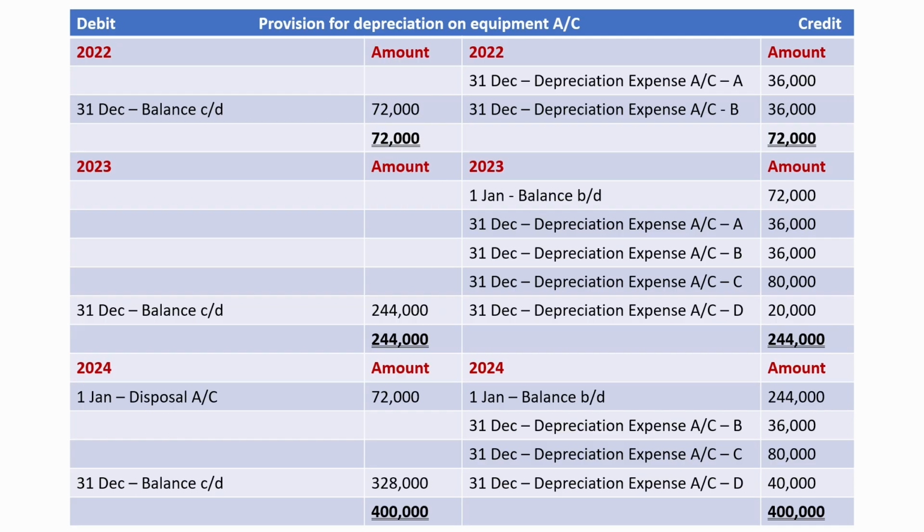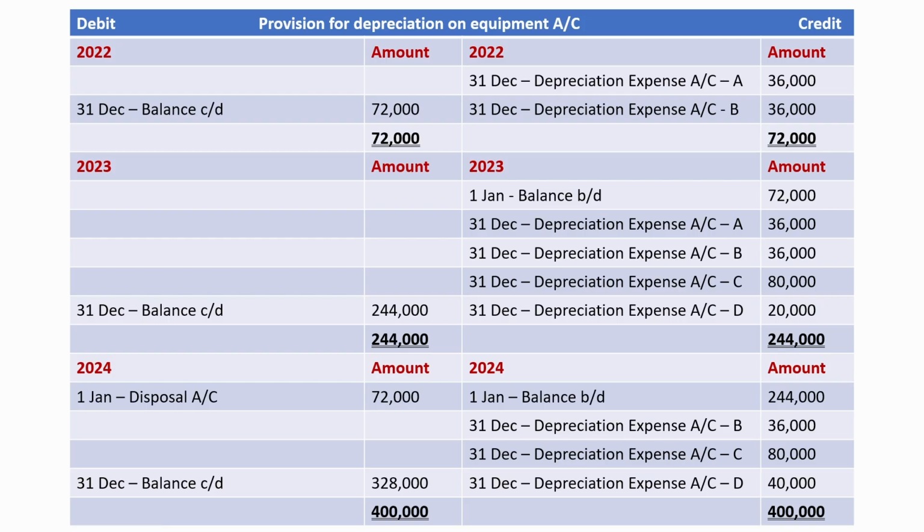So therefore, we are going to eliminate all the depreciation for A by debiting this account. And we are going to write here disposal account, because when we go to the disposal account, we are going to credit and call it accumulated depreciation, 72,000. And it was on 1st January.